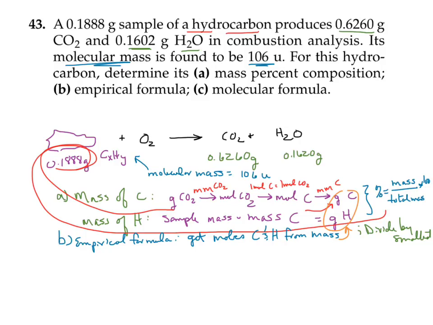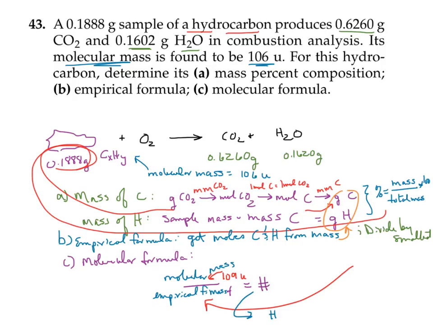Then for the last one, we actually talked about this sort of problem on Friday. We got the empirical formula, we got what that repeating unit is, and we have the overall weight of the molecule, which is 106 AMUs, or atomic mass units. How are we going to scale this up? Remember, this is where we took the weight it entirely weighs.